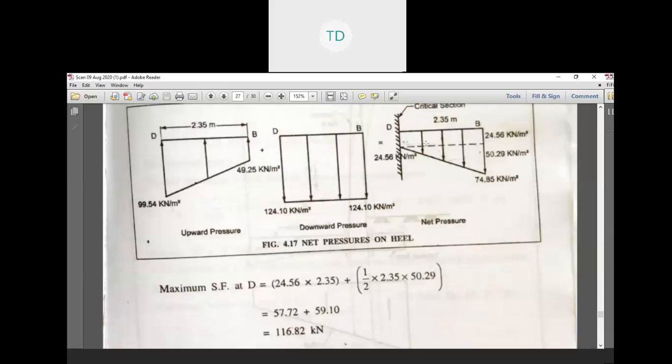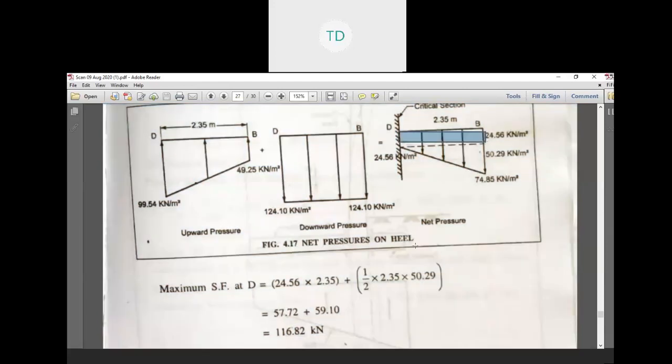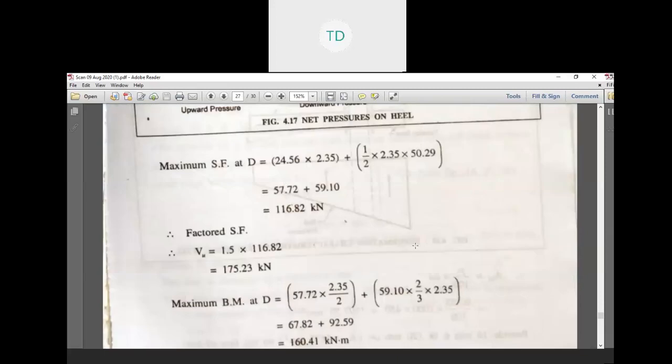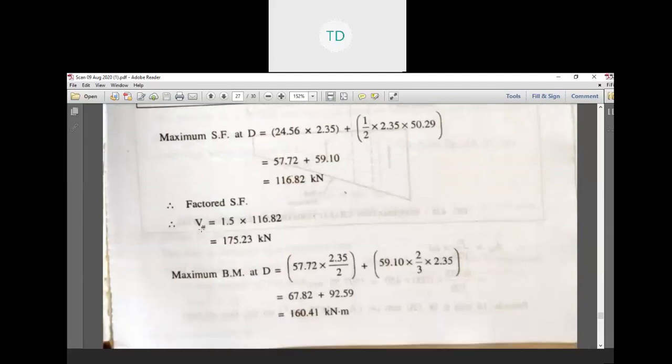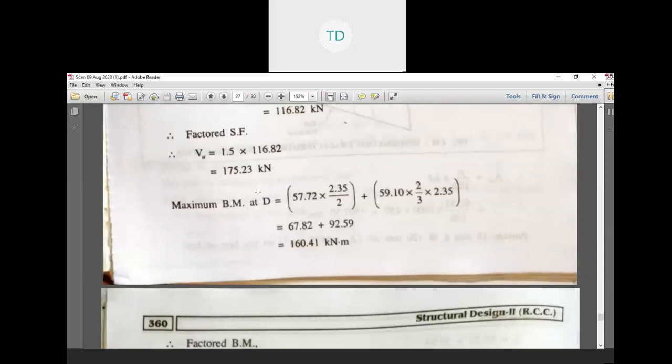We consider this portion as a UDL, and calculating, we get shear force at D equal to 116.82. Factored shear force Vu is equal to 1.5, which is our safety factor, multiplied by the shear force at point D. We get factored load of 175.23 kilonewton.